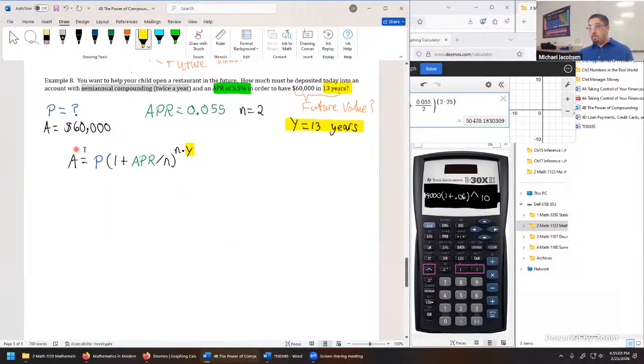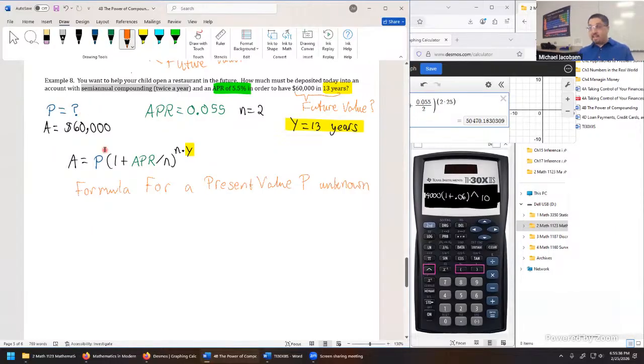And because we don't know the value of P, but we know the value of A, we can transfer this into the new formula. So here's the formula for a present value, P, unknown. That's why we have P as a question mark. It's the unknown in this situation.